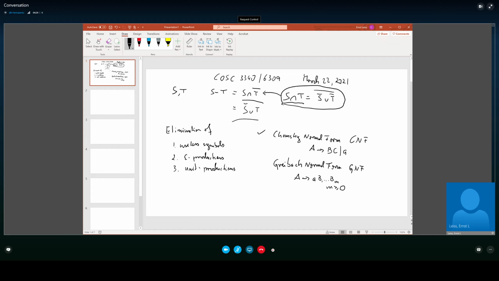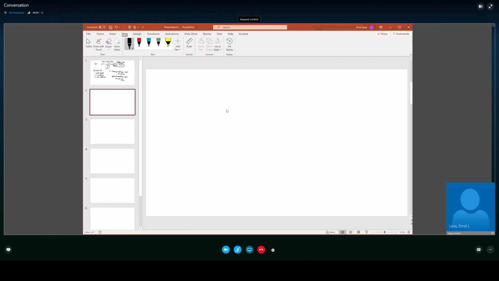We've already done Chomsky normal form, and now we have to do Greibach normal form. Now, in order to do Greibach normal form, we first have to eliminate left recursion.